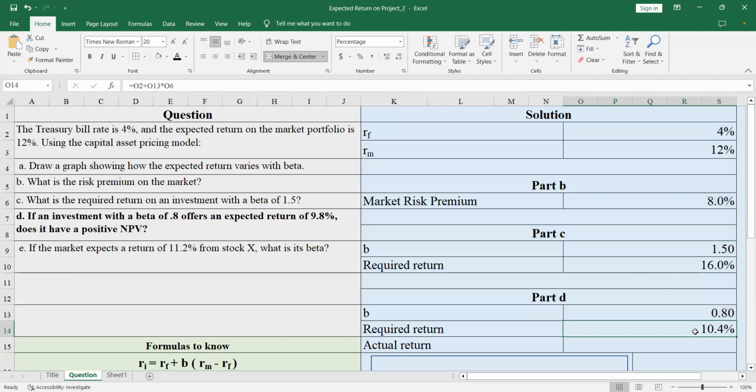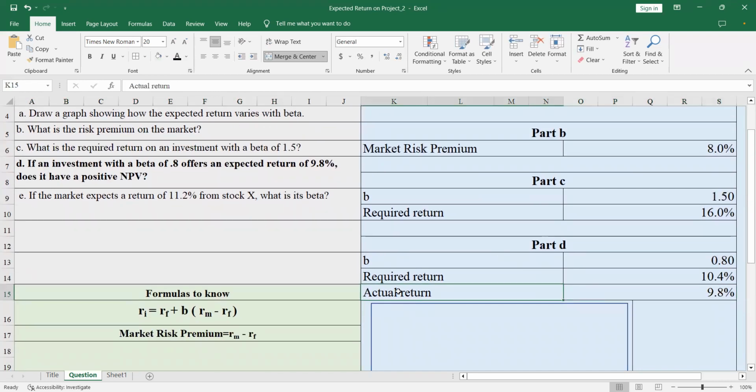That's 10.4%. We know the security should generate 10.4%, and we also know it is generating 9.8% actual expected return. The required return on the SML for similar risk is 10.4%, but the expected return is 9.8%.